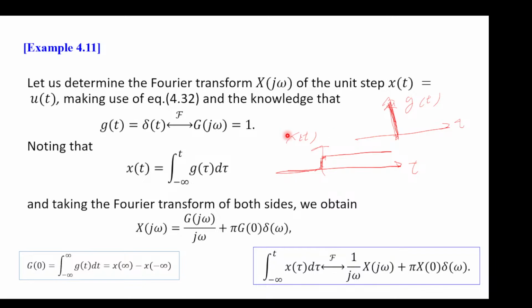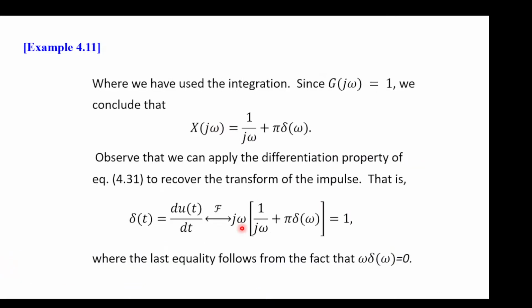Here we use the known result: since it's a delta function, its Fourier transform is 1. So the Fourier transform of our unit step function x of t is G(j omega) over j omega plus pi G(0) delta(omega). Plugging in, G(j omega) equals 1, and G(0) is still 1.